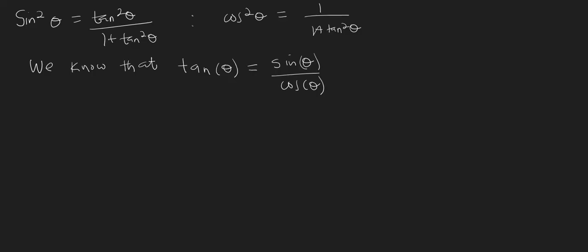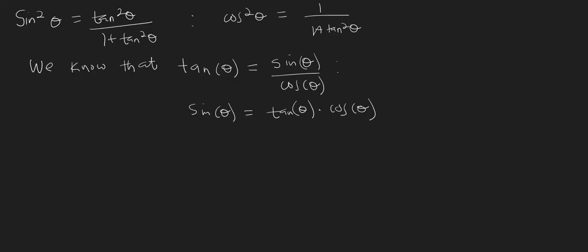Now we can express sine in terms of cosine and tan by using this expression. That implies that we have sine theta is equals to tan theta times cosine theta.